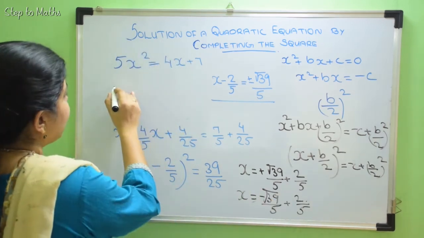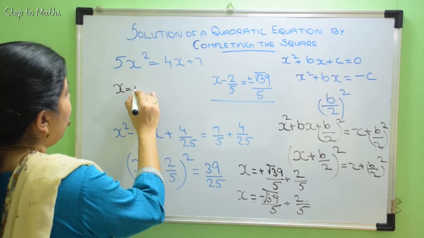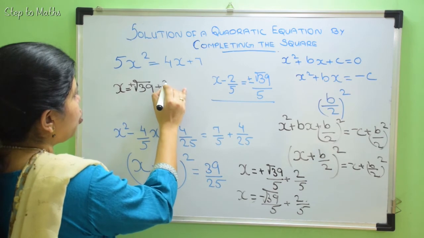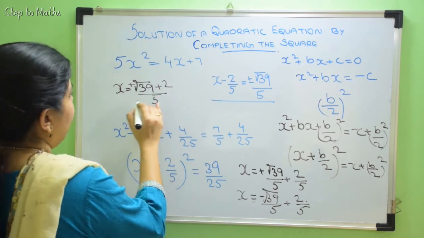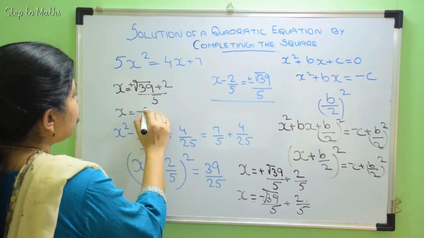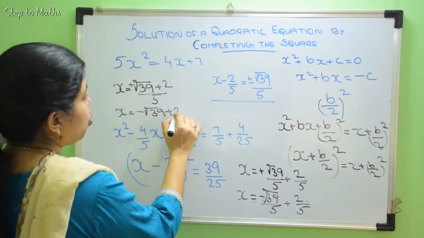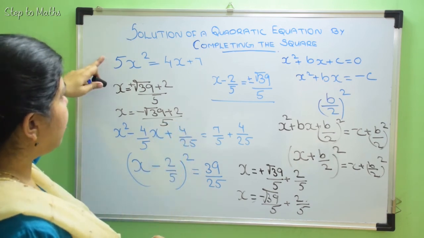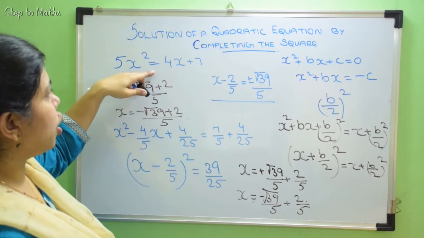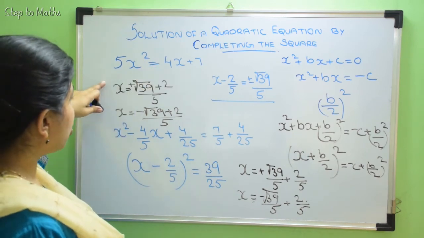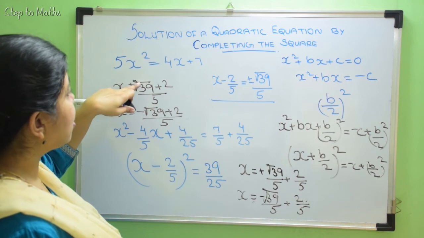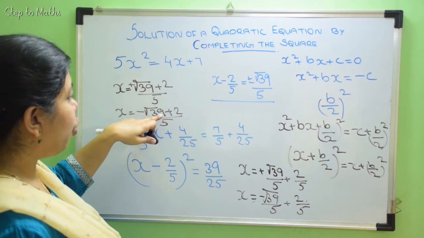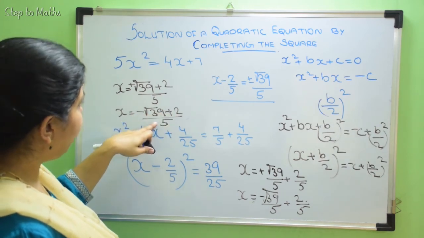The value of x is equal to plus root of 39 plus 2 by 5 and x is equal to minus root of 39 plus 2 by 5. The roots of this quadratic equation 5x square is equal to 4x plus 7 are x equal to plus root of 39 plus 2 by 5 and minus root of 39 plus 2 by 5.